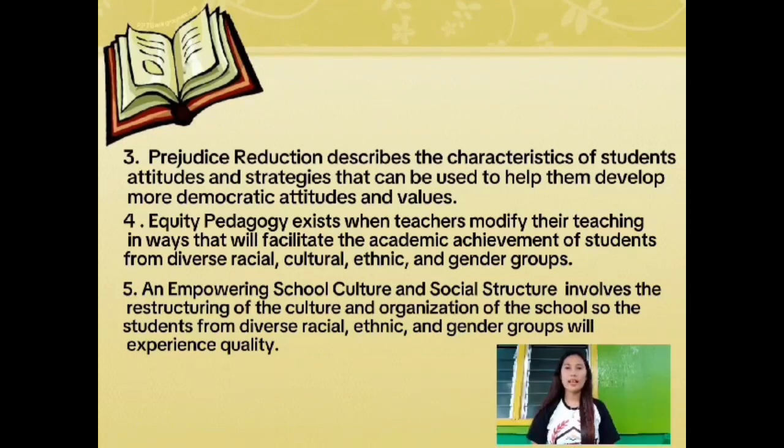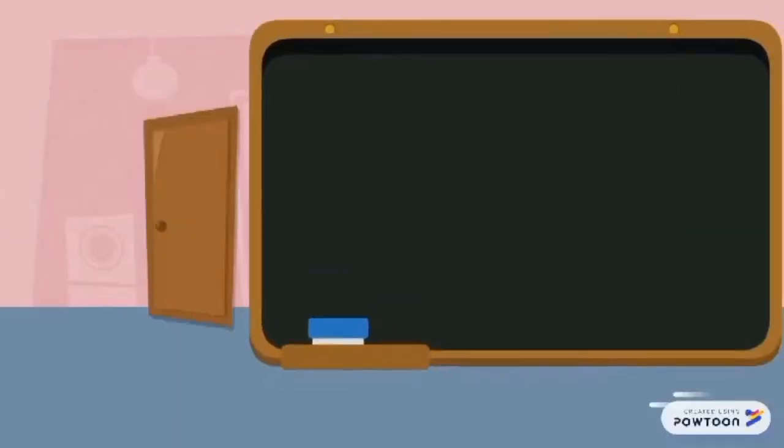So when we see an empowering school culture and social structure, it is one that fosters a sense of ownership, responsibility, and collaboration among students, teachers, and staff. It is a culture that values individuality, respect, and empathy, while also promoting academic excellence and personal growth.